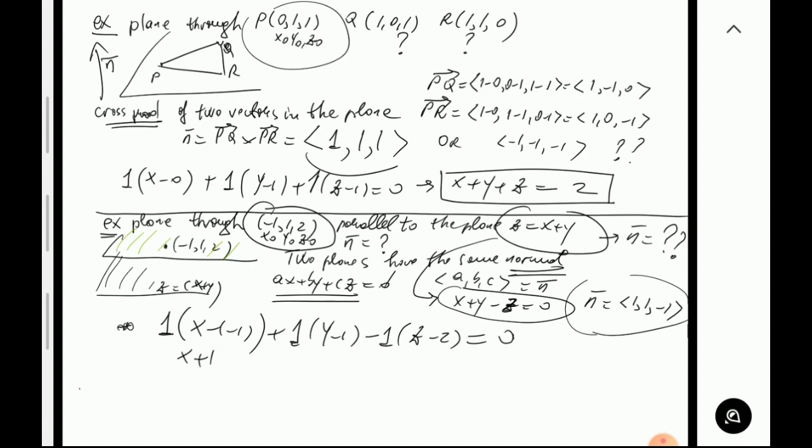Let's simplify this a little bit, and then finally that gives me x plus y minus z equals negative 1 plus 1 minus 2.